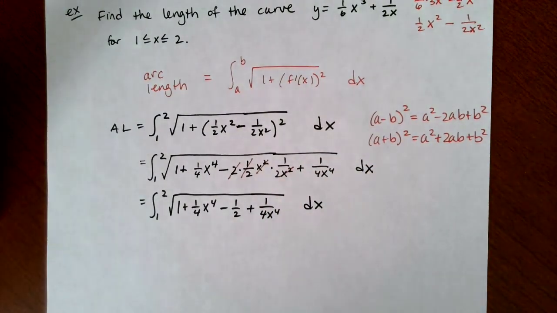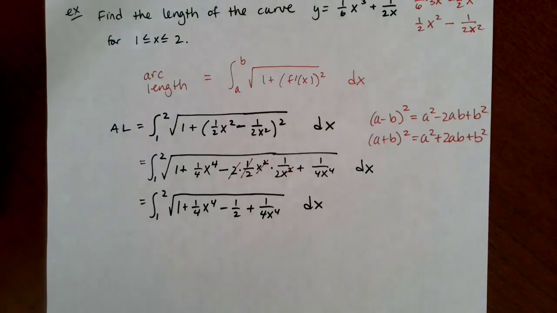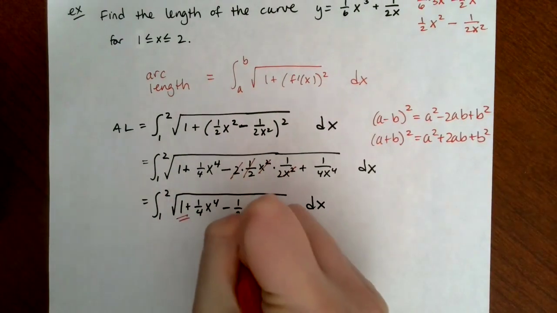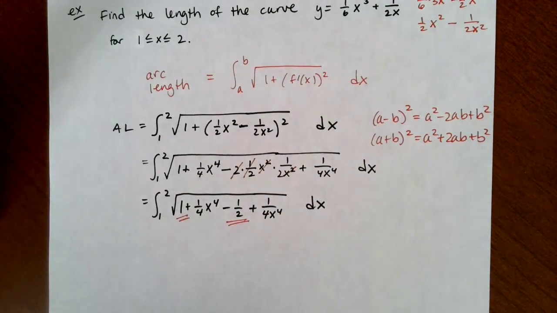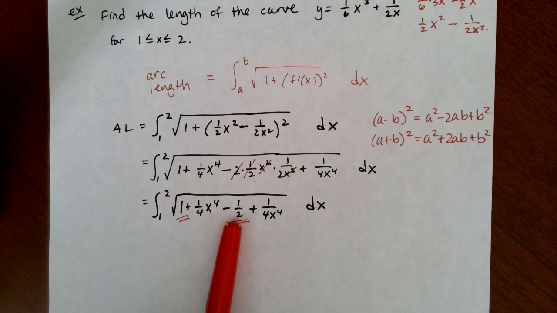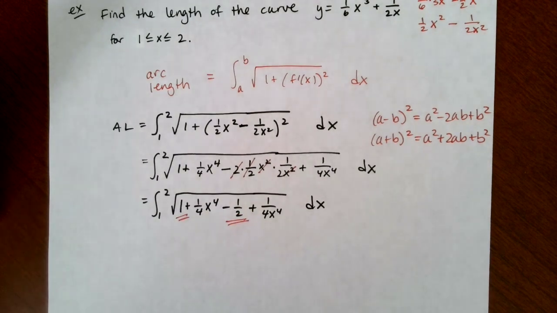Okay, so this doesn't look great, but it's at least better than the line above it. And then there's one little bit of simplification that we can do to combine like terms. So we have a 1 here and a minus 1/2 here, so they'll combine to a positive 1/2. And I'm going to strategically put that positive 1/2 between the two other terms. So essentially this 1 will disappear and this will switch to a plus 1/2.